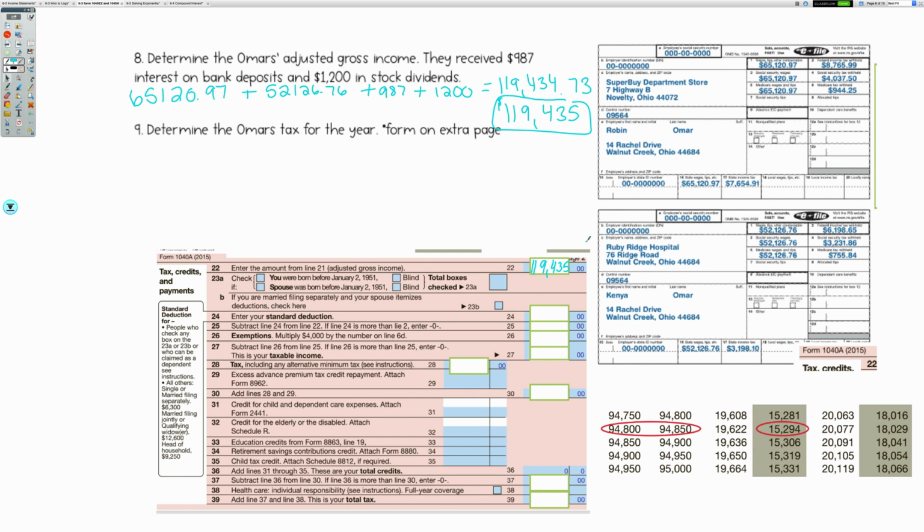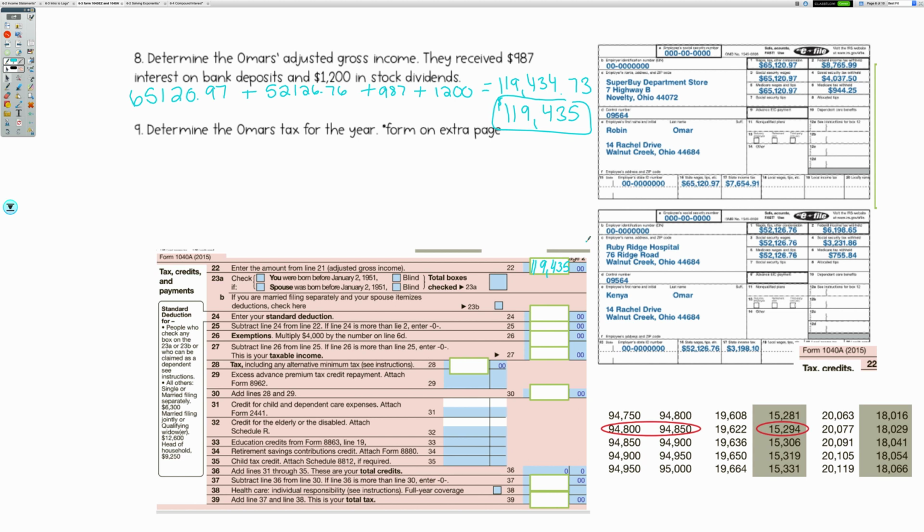All right, we're going to skip 22A. It doesn't apply to us for this problem. So for line 24, it says enter your standard deductions. And I was like, I don't know what that is. But then there was a little bubble attached to it, so I read it. Standard deductions for people who check any of the boxes, well, we didn't do that.